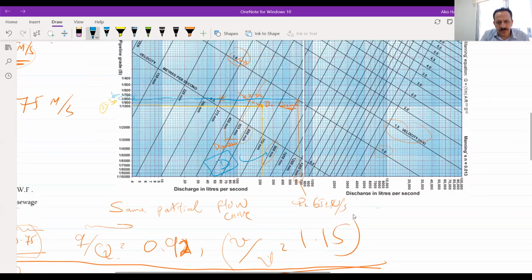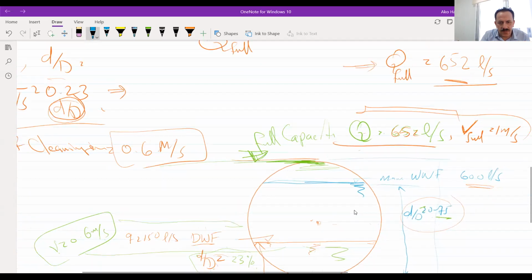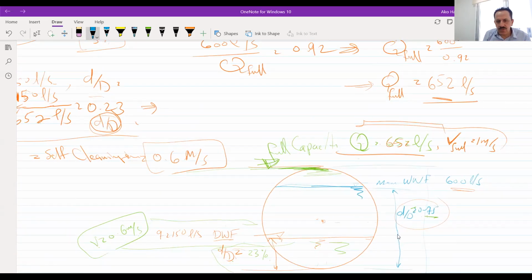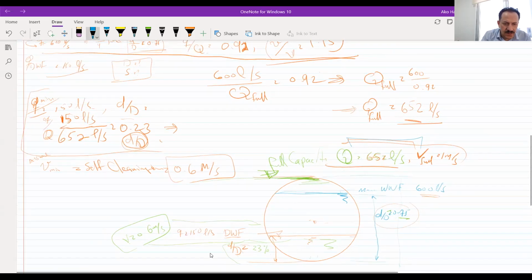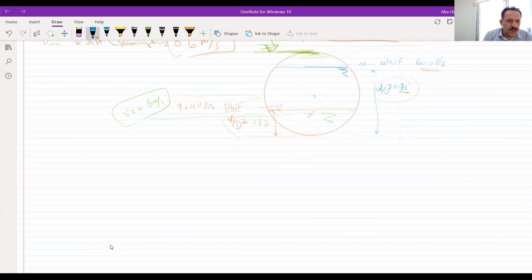So from these two, I can say the diameter of the pipe will be 900 millimeters. 900 millimeters is the diameter of the sewer, the required diameter.